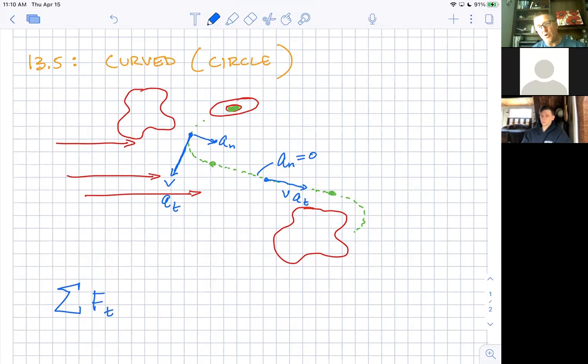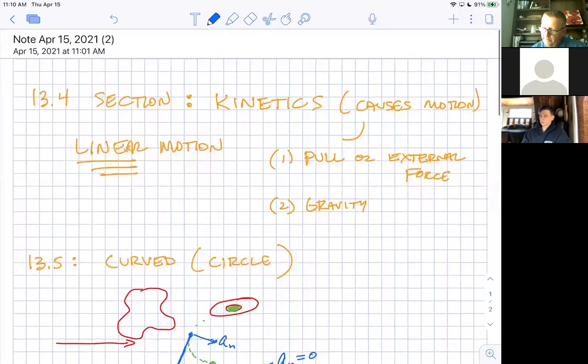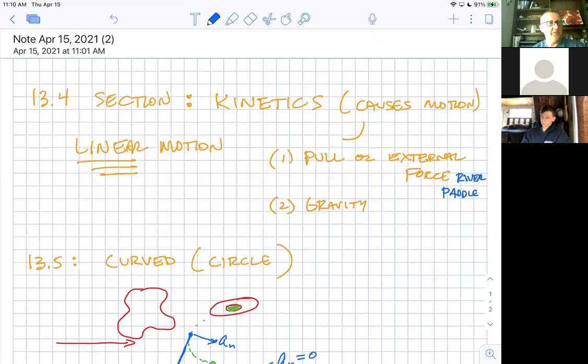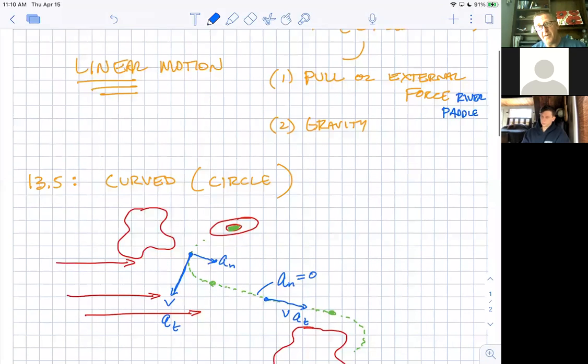The other would be the current hitting me. This is exactly what I was describing earlier, external forces like the river or the paddle, a couple external forces. And then of course it's gravity that's actually causing the river to go. Does that make sense? In other words, the river is getting its force on me based on gravity.